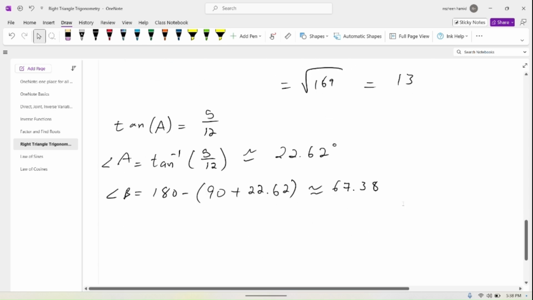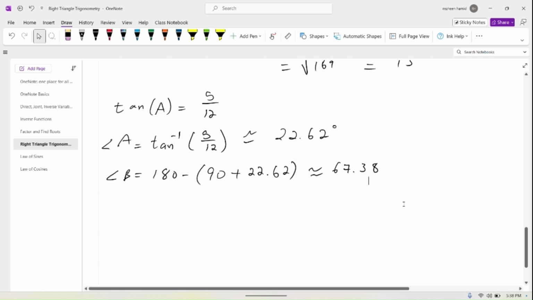So that's how we solve it. As a last step, the measure of angle A equals 22.62 degrees, the measure of angle B equals 67.38 degrees, these are rounded numbers, and c equals 13. We don't know what the units are on c.